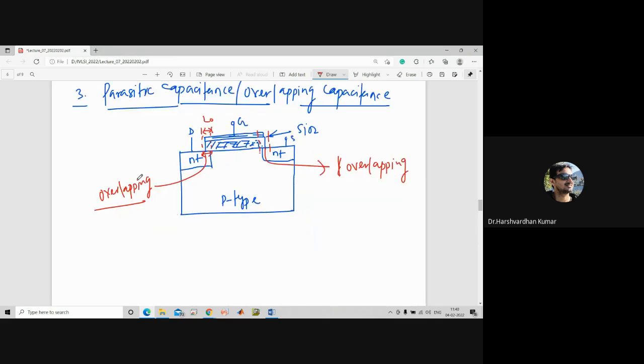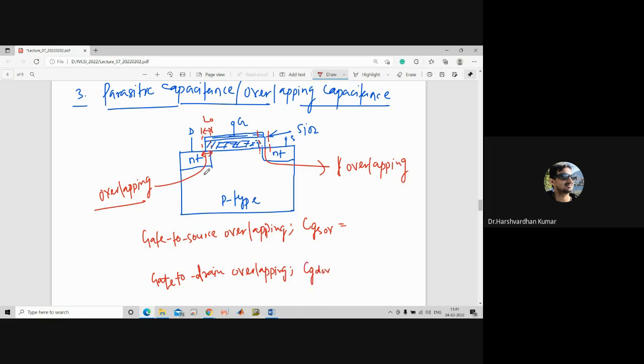Here again there will be two capacitances: the gate to source overlapping, represented by CGS overlapping, and another, the gate to drain overlapping, CGD overlapping. Because of that, the parasitic capacitance is known as CGD overlapping.